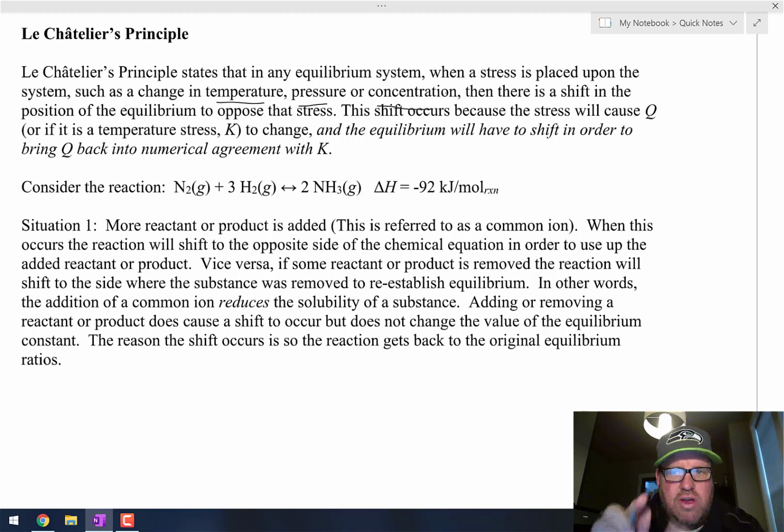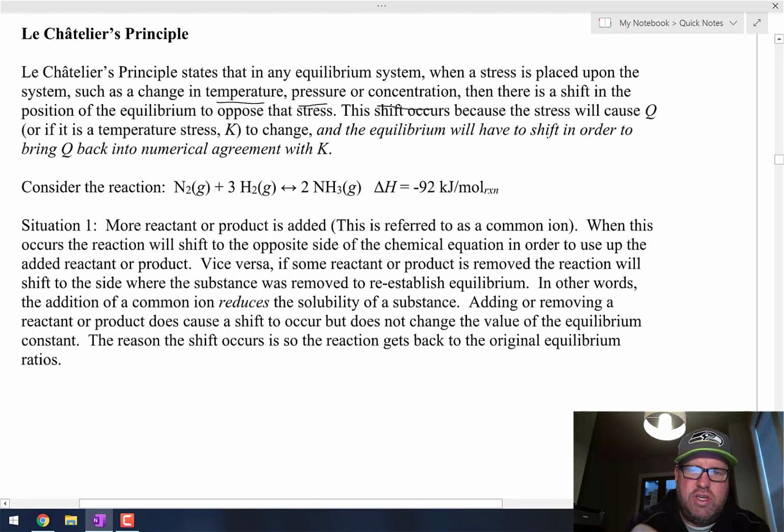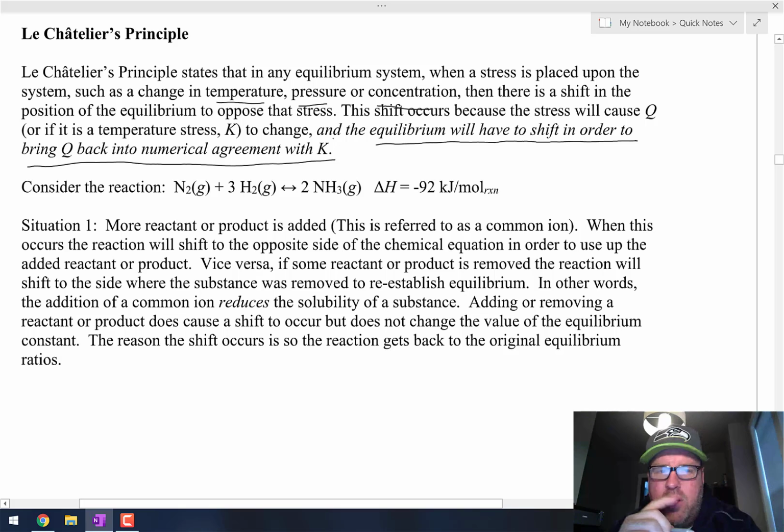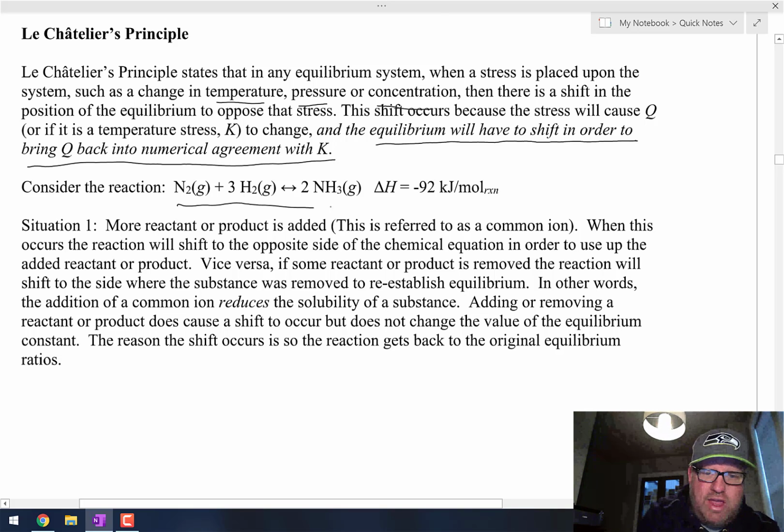And that shift occurs because you're no longer at equilibrium, and so the reaction has to reestablish equilibrium in order to get Q back into numerical agreement with K. So when a change happens to an equilibrium system, the equilibrium will shift in order to bring Q back into numerical agreement with K.